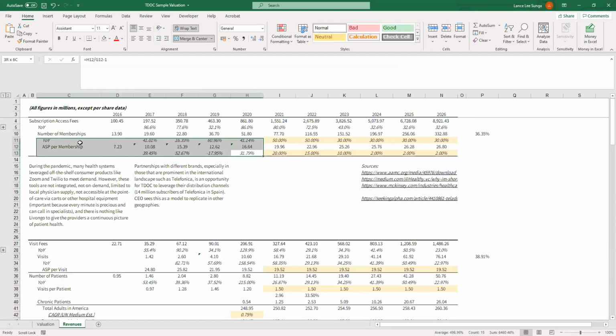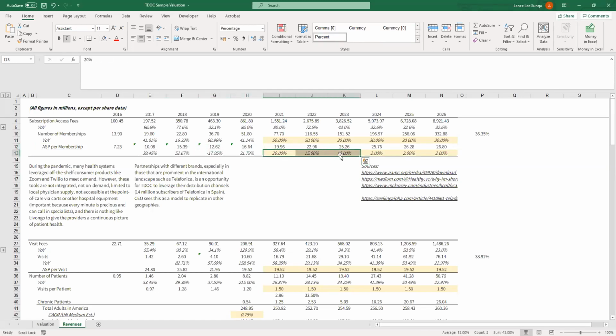So going back, Teladoc has pricing power. So I gave them a conservative projection with their average price. So 20%, 50%, and then 10% for the next 3 years, respectively. And then 2% inflation lang yan.